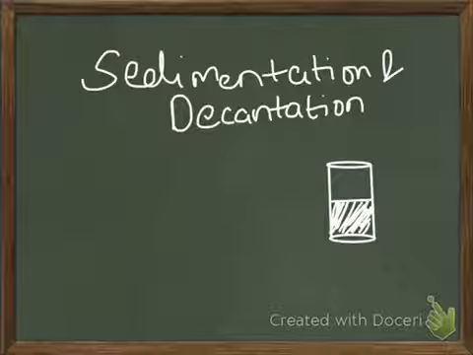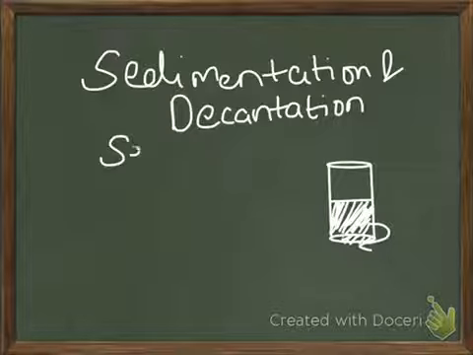The container is filled with mud water. Now, after some time, you will observe the mud will settle down on the bottom of the beaker. Why? Because it's undisturbed. And when it's undisturbed, the heavier particles settle down on the bottom of the container. This process is called sedimentation.